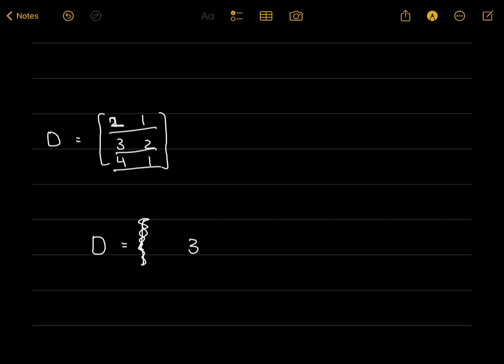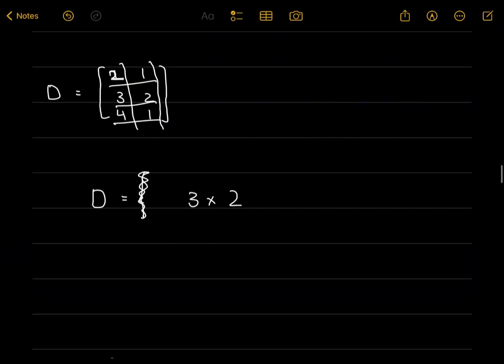So 3 horizontal rows into 1 and 2, so that's 2 columns. So 3 into 2 is the order of matrix D.